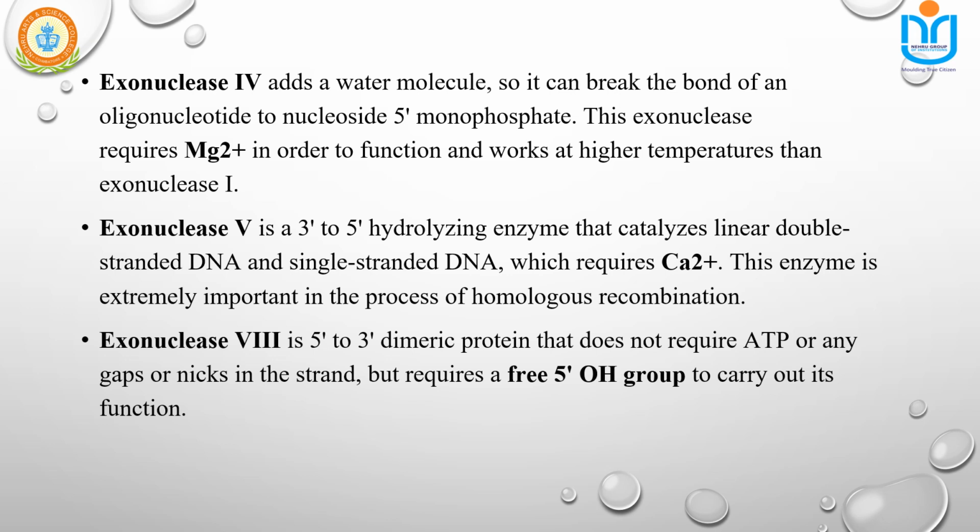And exonuclease 8 is a 5' to 3' dimeric protein that does not require ATP or any gaps or nicks in the strand, but requires a free 5' OH group to carry out its function.